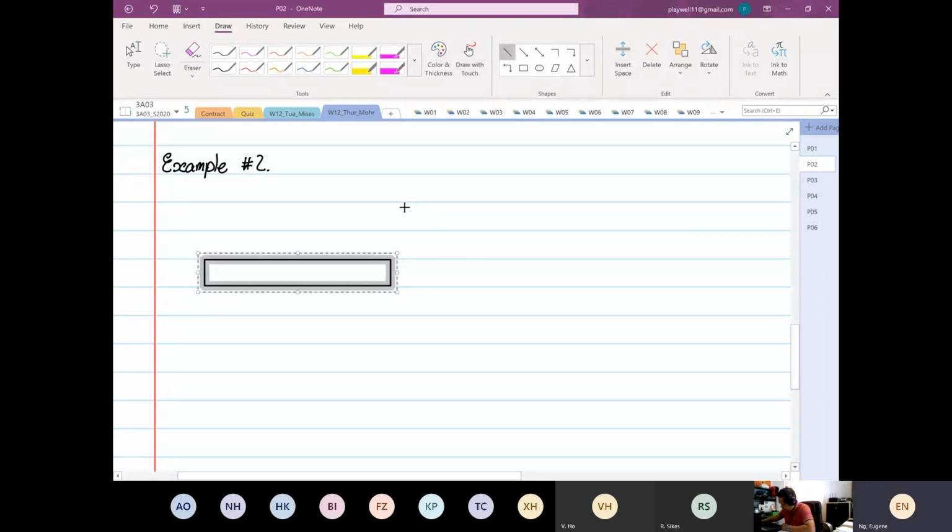So it's been built in. So this is our cantilever beam. This is our point A, and this is our point B. And then on our cantilever beam, we have a load distribution that looks like this.